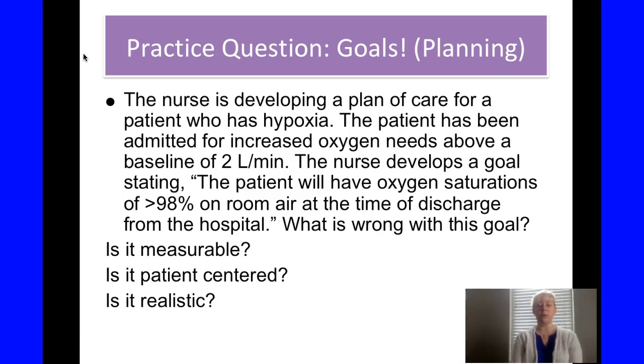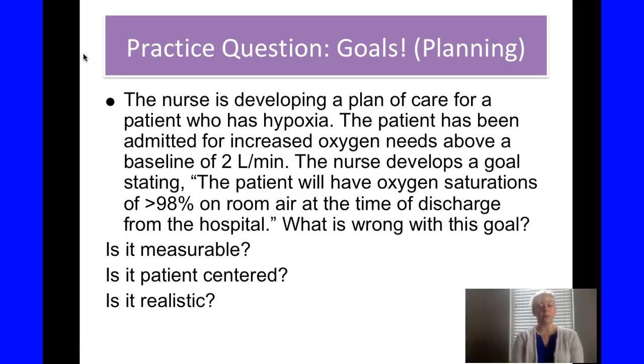Is it patient-centered? It looks like they have oxygen saturation, so the patient will, at the time of discharge. So it's patient-centered because you're talking about the patient. Is it realistic, though? This patient has hypoxia. He has increased oxygen needs. So what do you think about 98%?